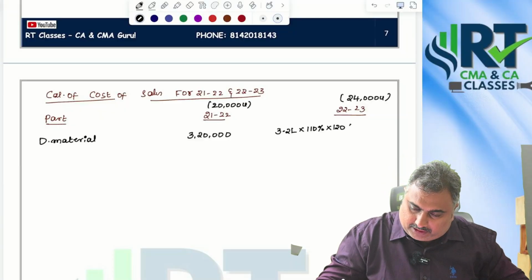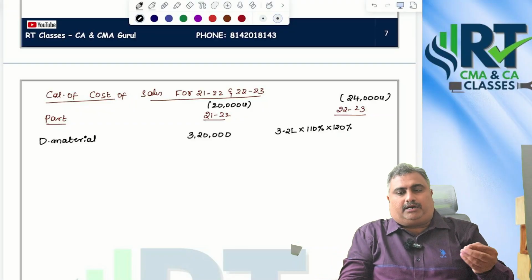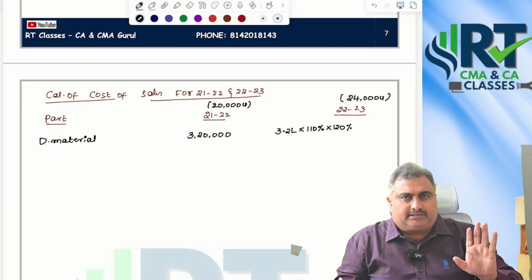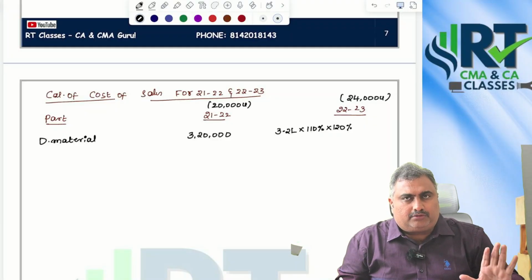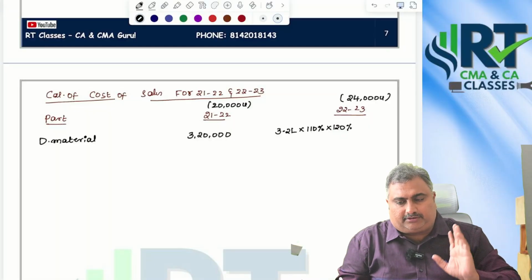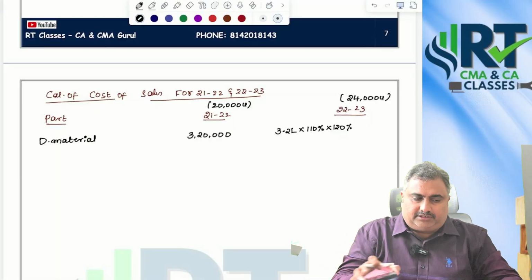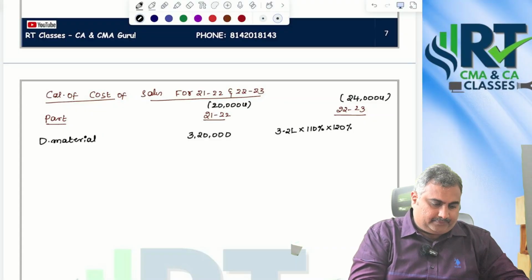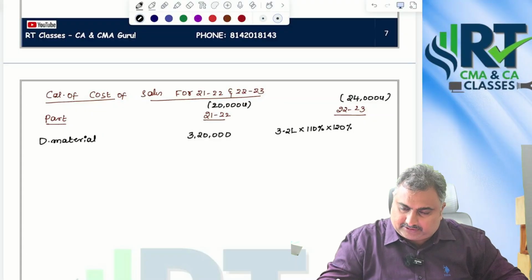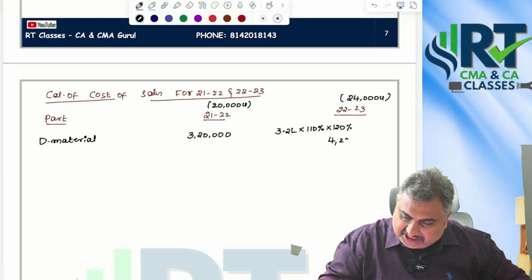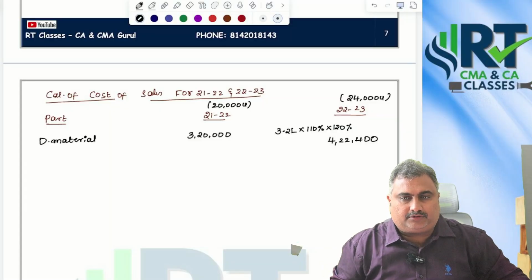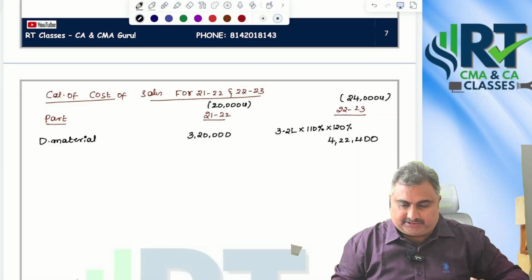And your production output increased by 20%, so multiply with 120%. So 3,20,000 into 110% into 120% is equal to 4,22,400, which will be your material cost estimated for 22-23 after anticipatory changes.